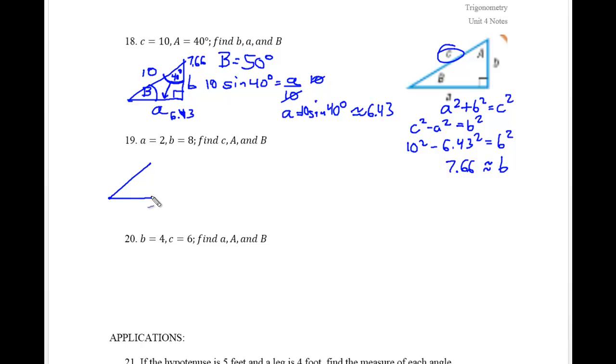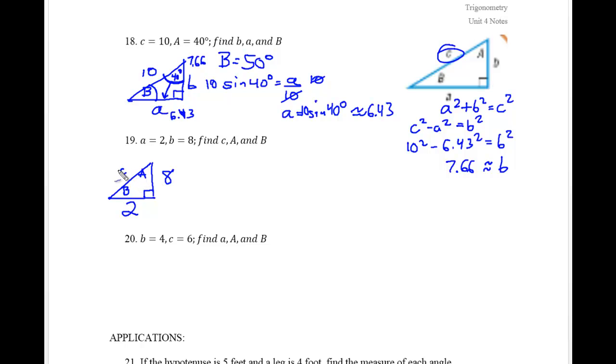Okay, for the second problem of 5, here we know that side A is equal to 2, side B is equal to 8, and we want to find side C and the angles that go along with this picture. Now, this doesn't actually have a very easy first step because in this case we know none of the angles. So our best bet is to either find a missing side or to find a missing angle.